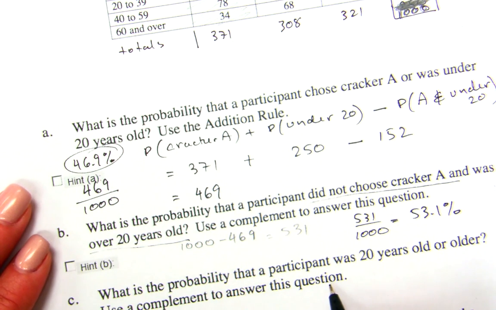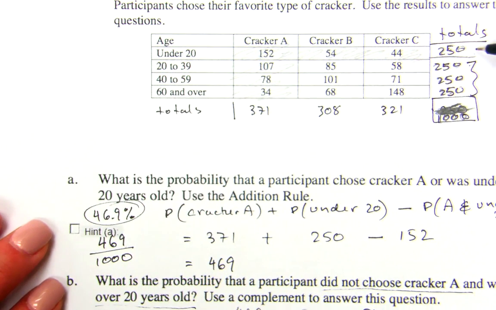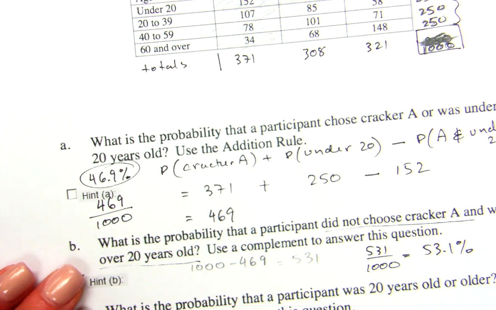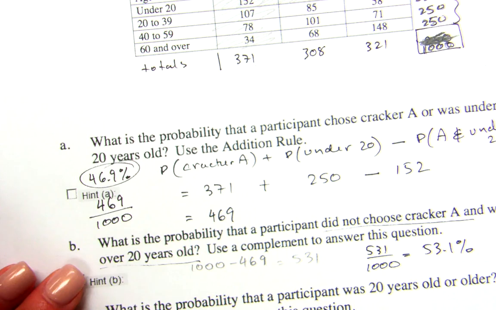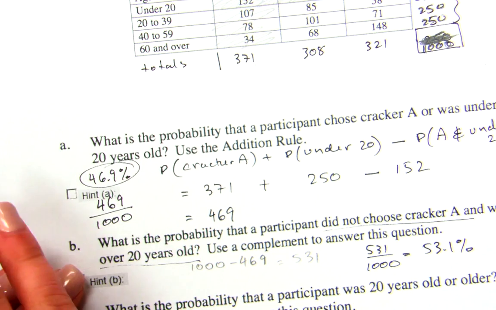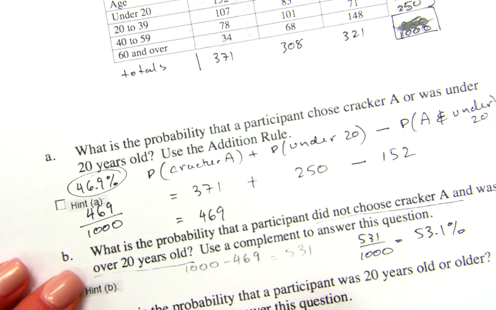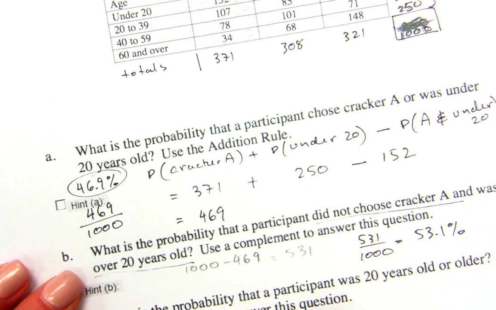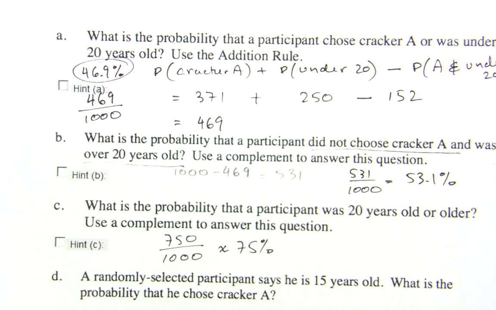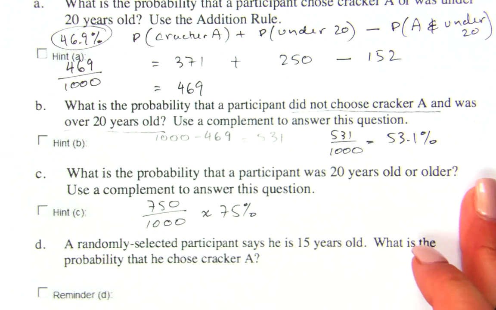So if you know 250 was under 20, then everybody else was over. So 1,000 minus 250, whatever's left over, which is just 750 people out of 1,000 people. Around 75% of your population was 20 years old or older.